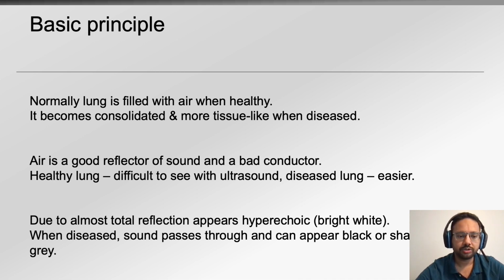Due to the almost total reflection in healthy lung and the pleura, it appears hyperechoic, which is an ultrasound term for being bright white. On the other hand, when the lung tissue is diseased, the sound can pass through, and it either appears black in color if it passes through fluid, or if it passes through tissue, it appears in different shades of gray.